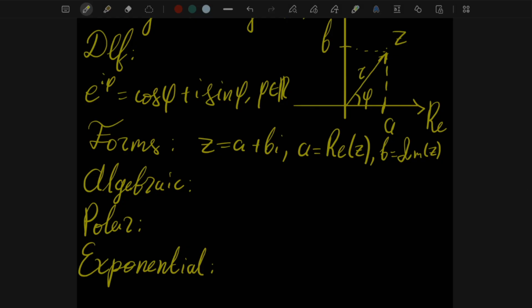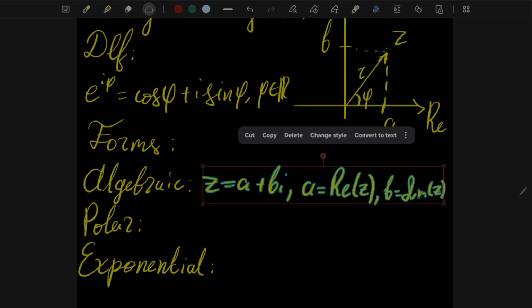In terms of the angle and modulus, we have the polar form.